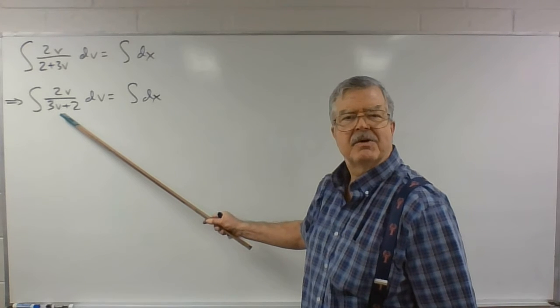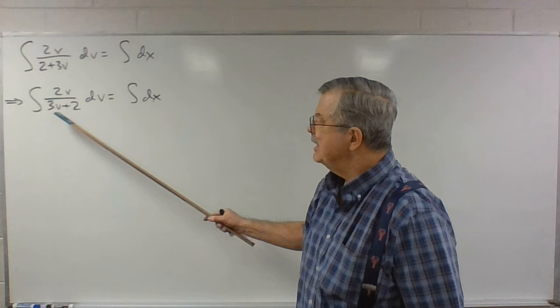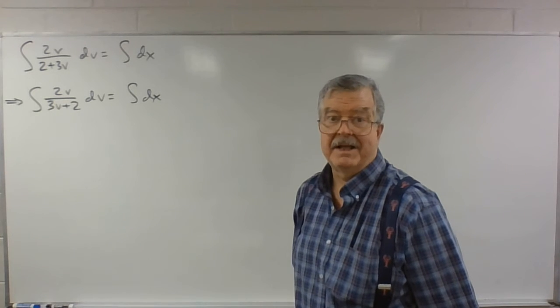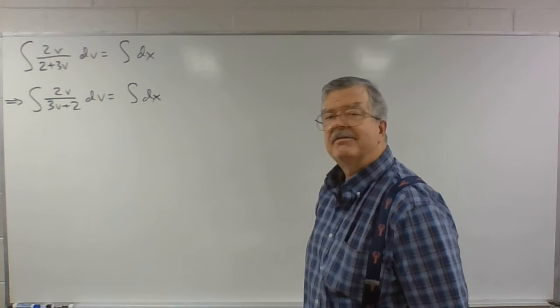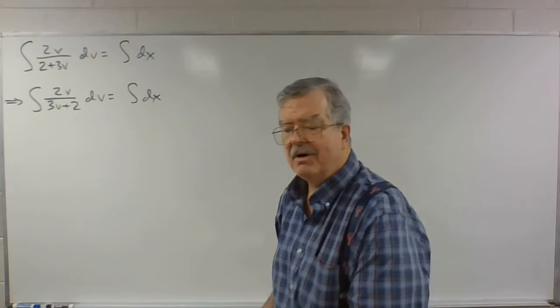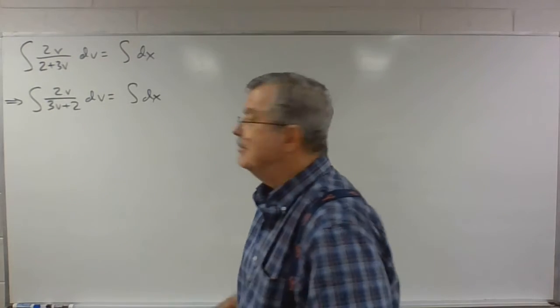I'm integrating the quotient of polynomials, and the degree of the numerator is the same as the degree of the denominator. Son of a gun. I'm going to have to do polynomial long division to write this in a form that can be integrated.